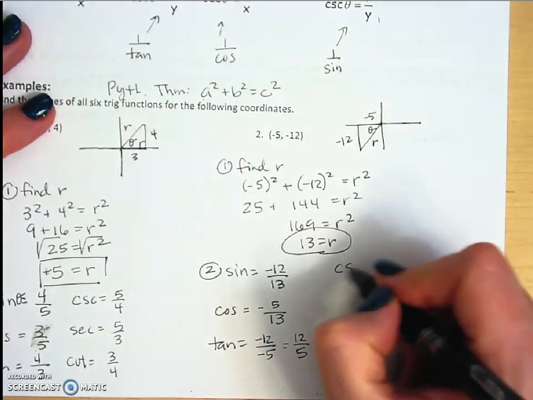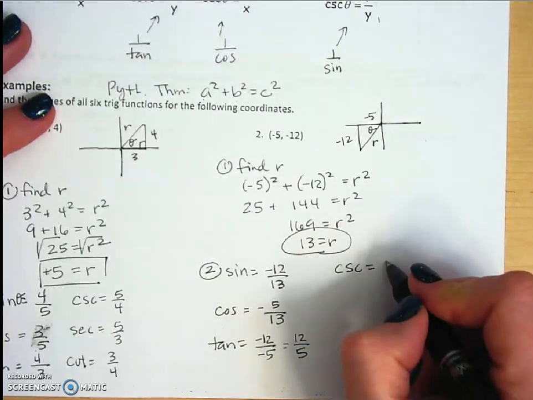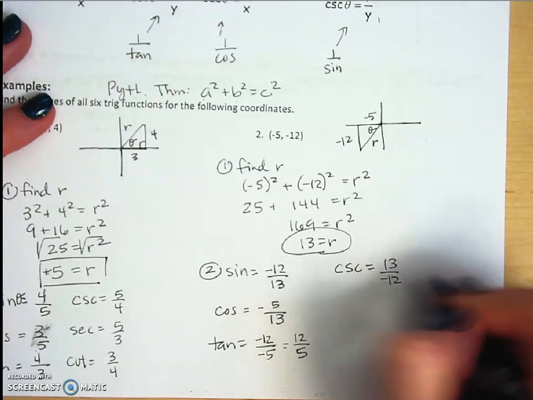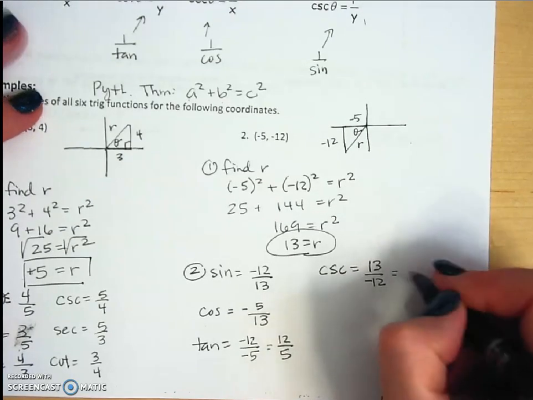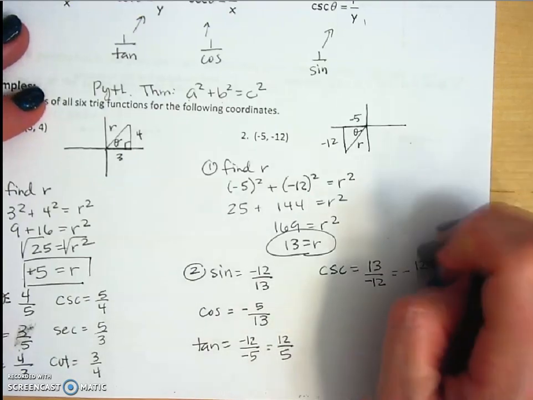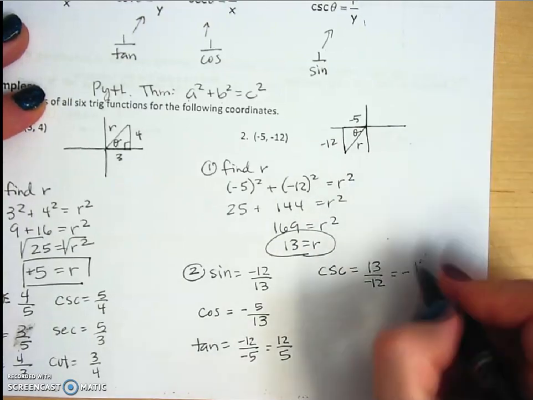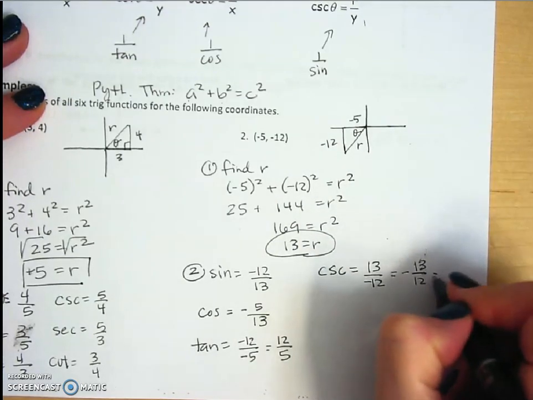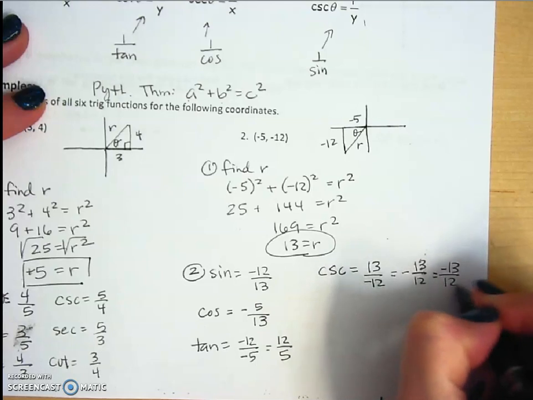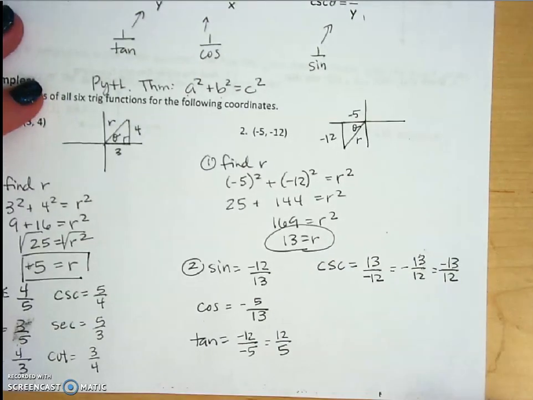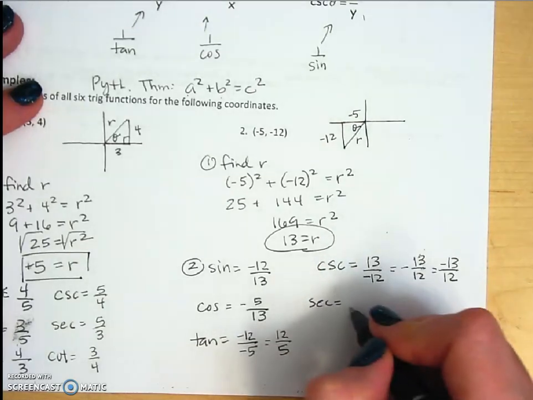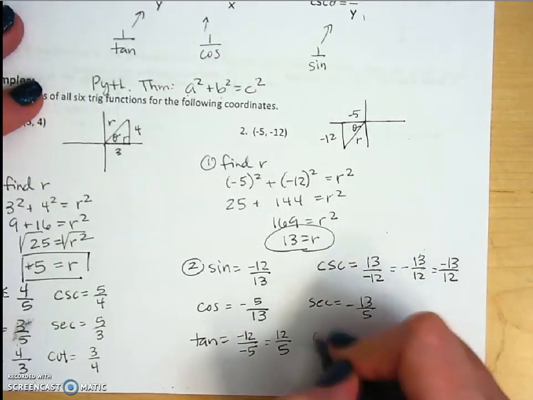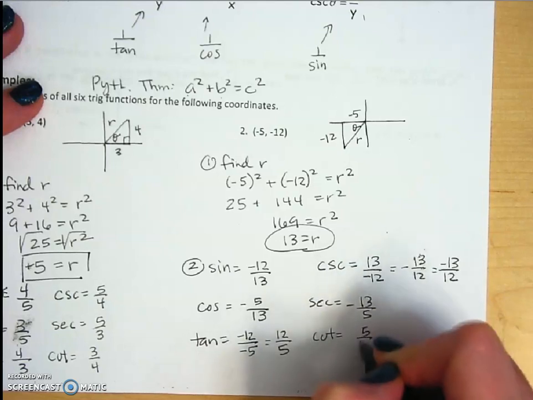Reciprocal of sine, cosecant, becomes 13/-12. And don't be too picky about where the negative goes. You can leave it in the bottom. This is the same as also being out front, or in the numerator. All three of these things are equivalent values wherever the negative is on the fraction. Secant is -13/5, and cotangent is 5/12.